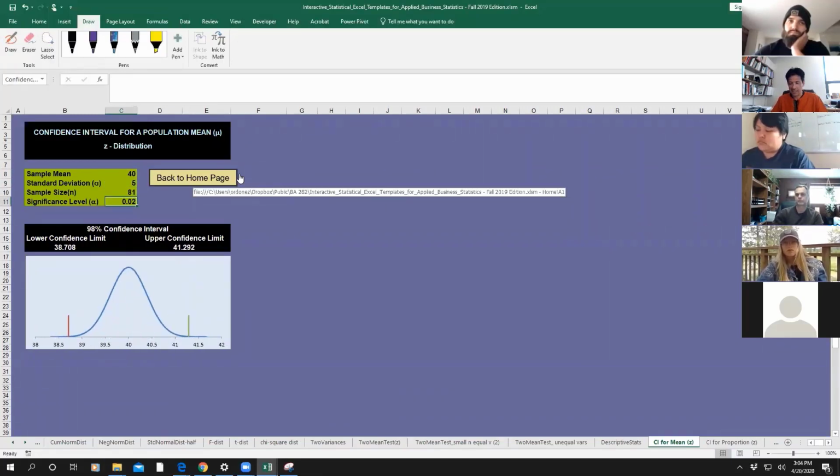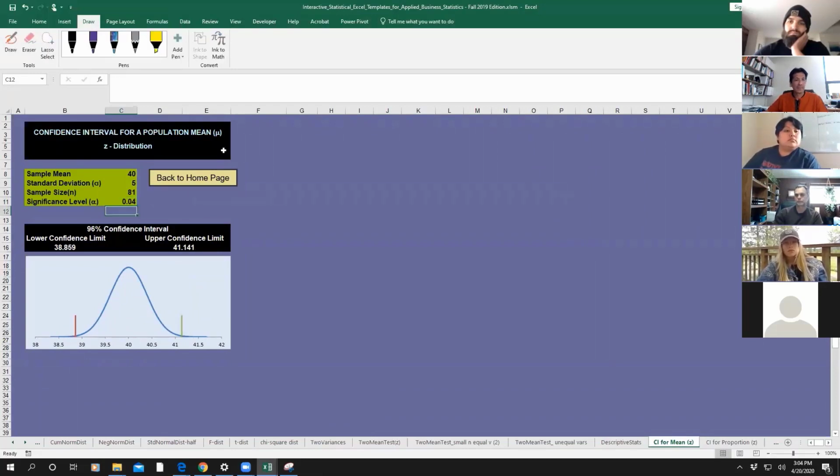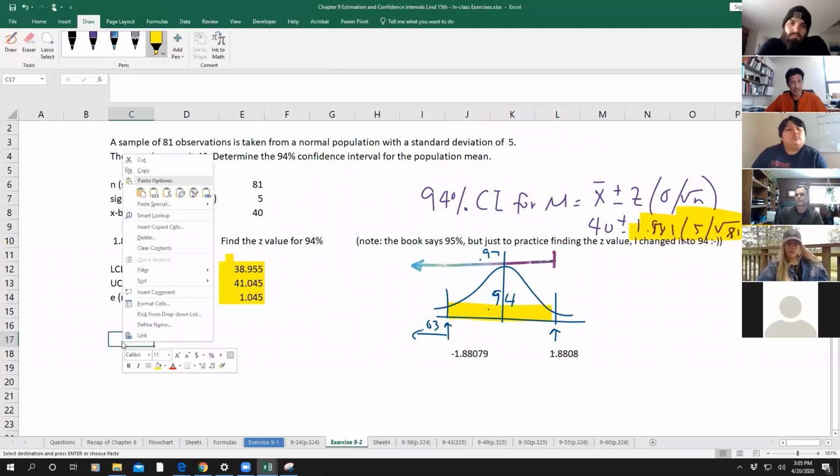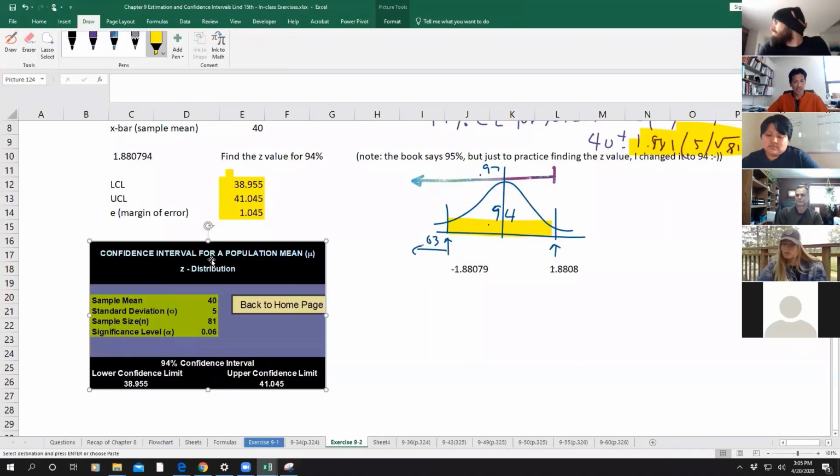And the significance level 0.06. Thank you. So there are the numbers that we used. These numbers now match.